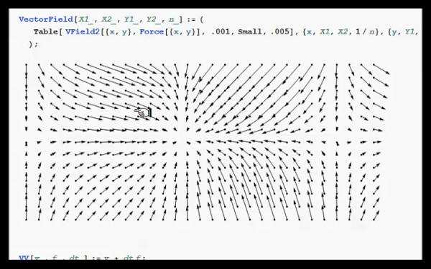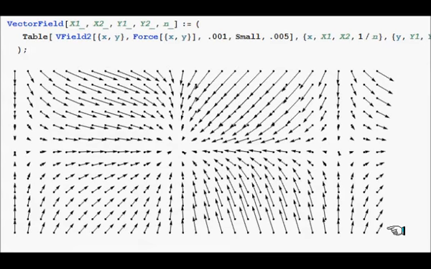This usually happens when there are different directions and the only way to have continuity around that point is for it to become the zero vector.